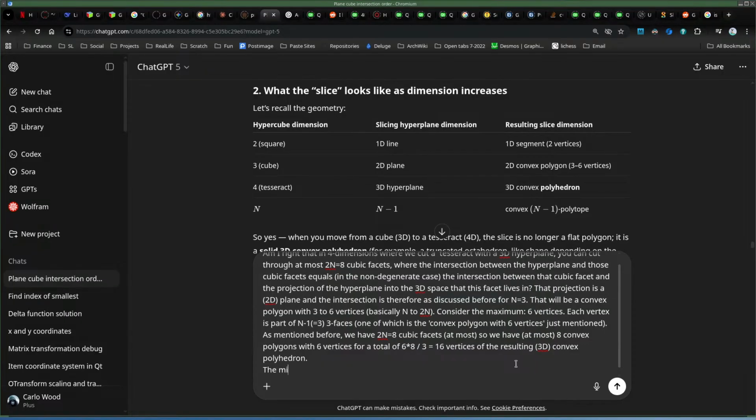The minimum is where one slices, well, that's good cut, cuts through n, is still 4.